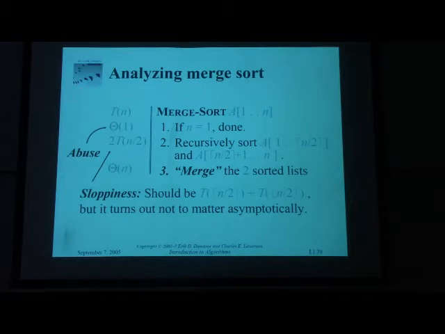Okay, so we can do an analysis of merge sort. So here we have, if n is equal to 1, we can say that's theta 1, and theta 1 means what? That's basically constant time. What's constant time? Maybe one operation, or some constant times 1.